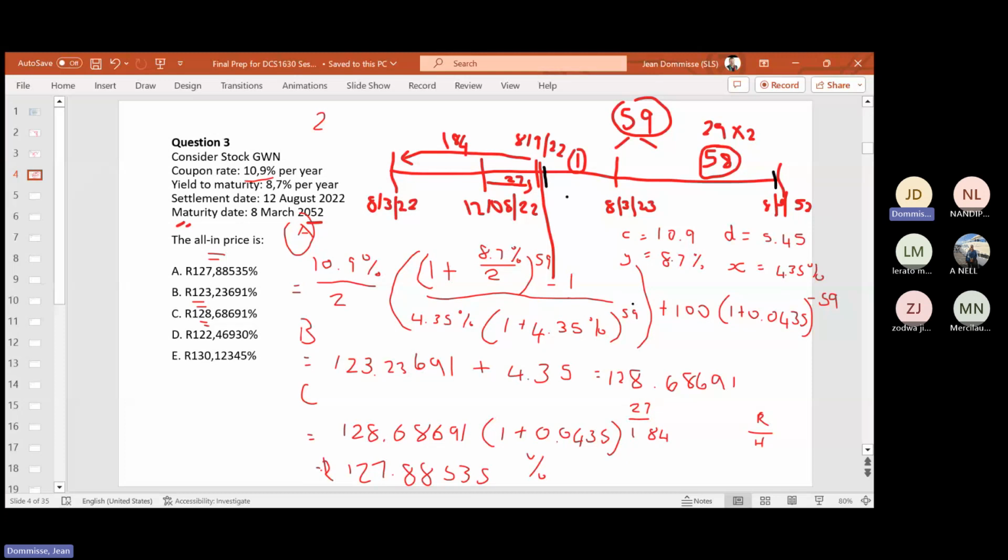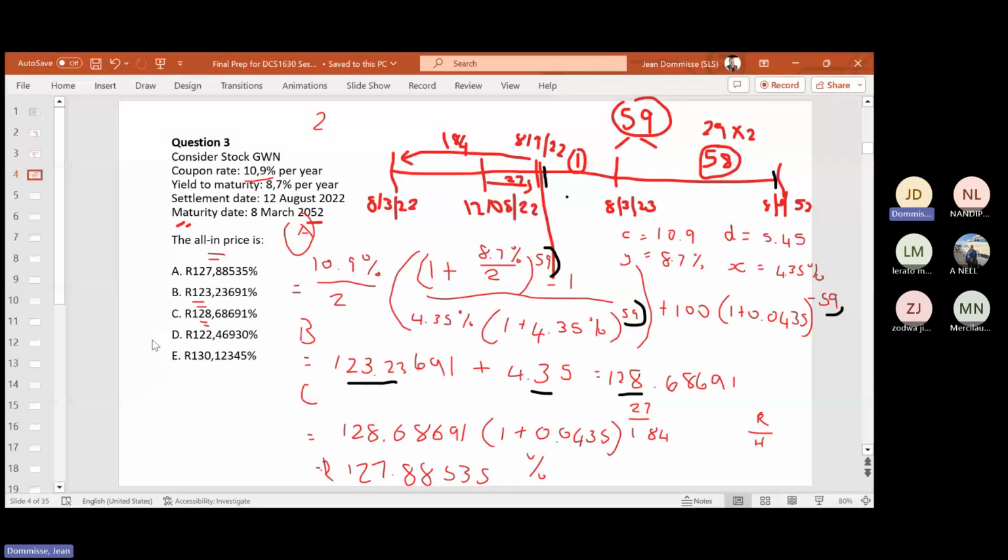You can see everywhere the 59. That answer was 123. Then what we normally add is the yield to maturity, so that will give us the 128.